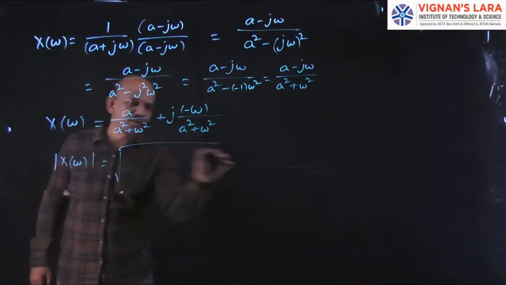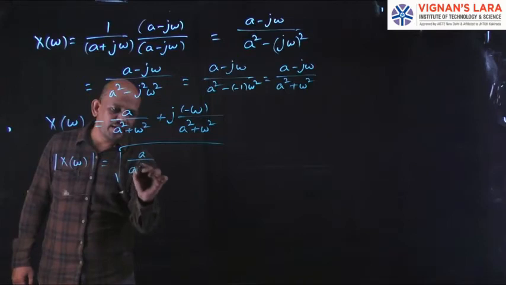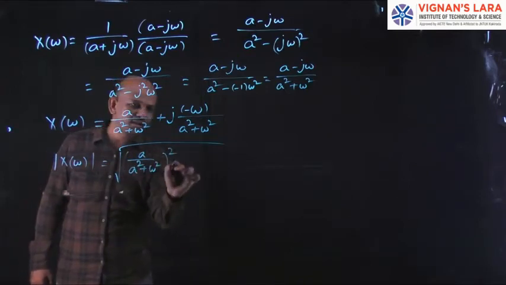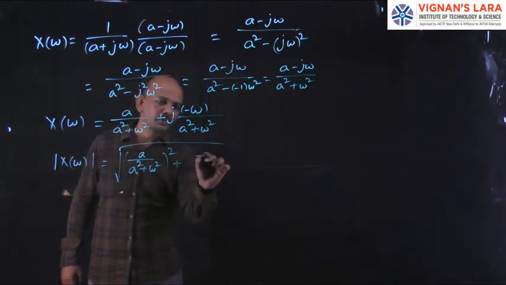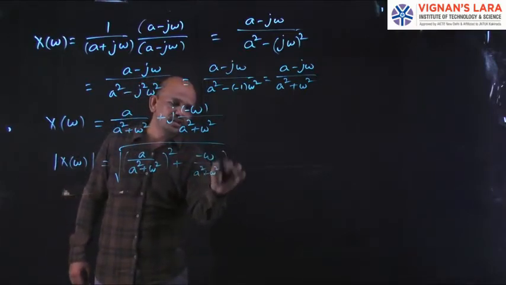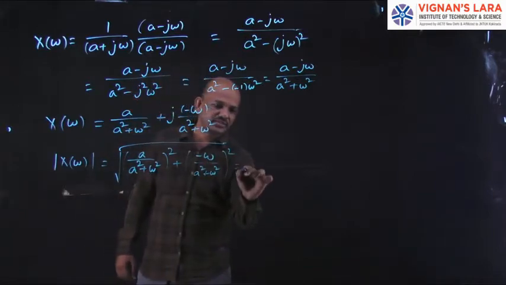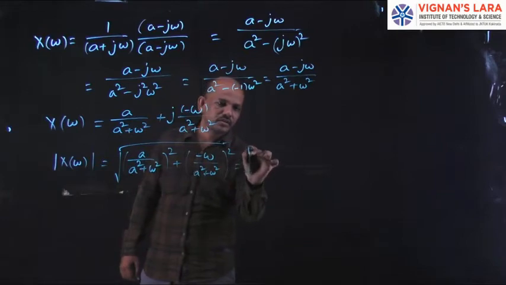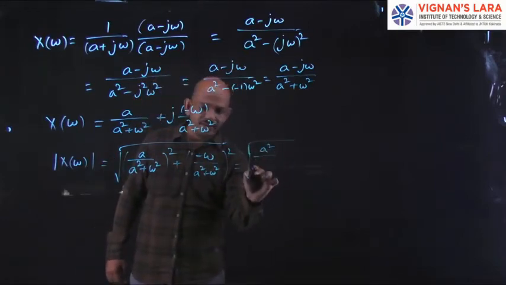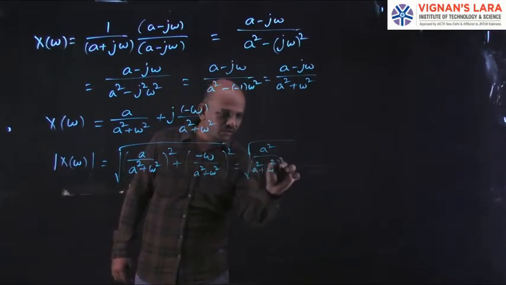So square root of real parts, a by a square plus omega square whole square plus imaginary part minus omega by a square plus omega square whole square. Okay, this will be written as square root of a square by a square plus omega square whole square.